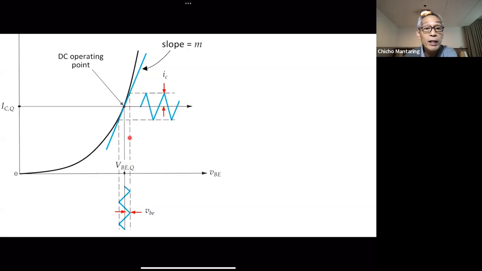That will result in this particular change in I sub C. It is also a positive increase in I sub C, and that change will follow this curve, the blue curve. Let's assume that the slope of that curve is equal to M.